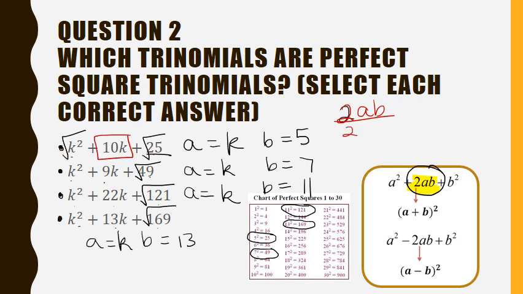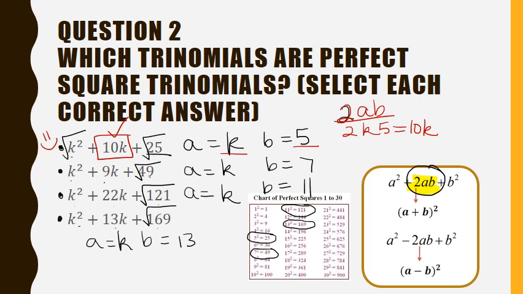So if I take 2 and I multiply it by my A, which was k, and my B, which was 5, well, 2 times 5 is 10, 10k, that equals the 10k here. So this first one, this is, in fact, a perfect square trinomial.